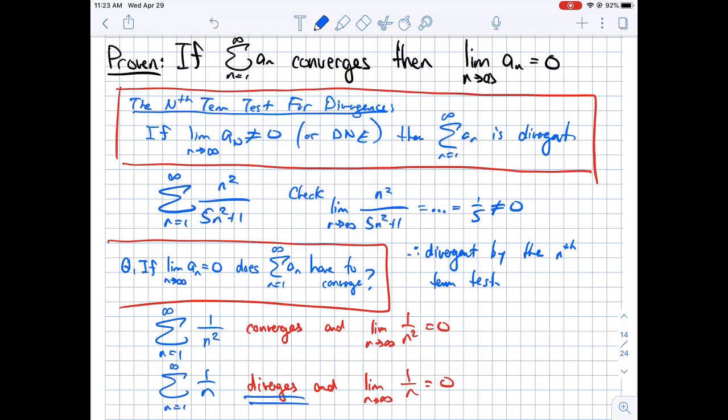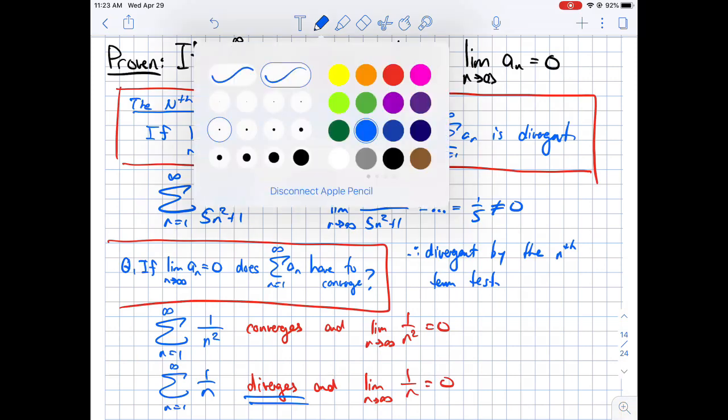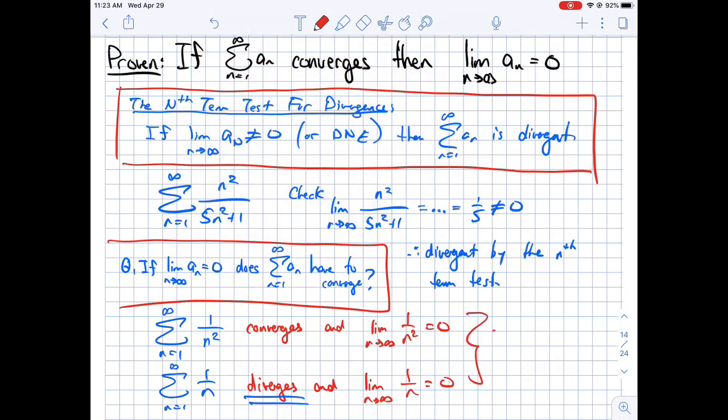So our answer essentially has to be no. If the limit as n goes to infinity of a sub n is equal to 0, then we cannot conclude that the series converges.